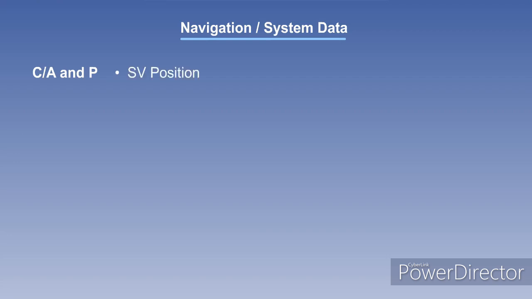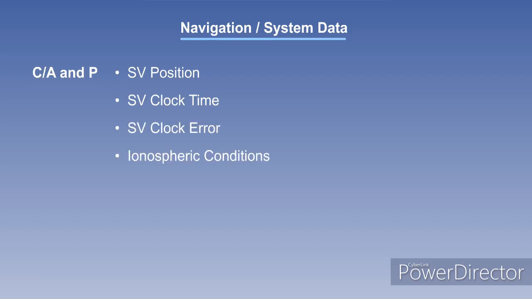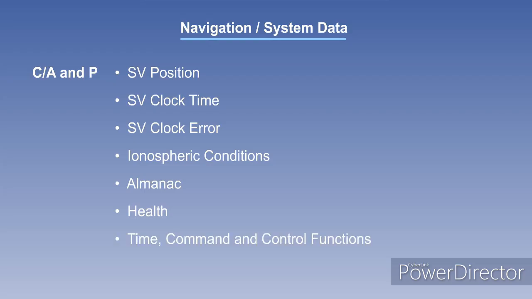It consists of the satellite vehicle's position, its clock time, and clock error. It also contains information on ionospheric conditions, which affects the accuracy of the signal, and supplementary information, including the almanac, that is, the orbital parameters for the SVs, the SV's health, and other time, command, and control functions.